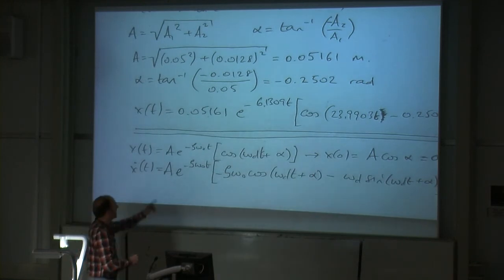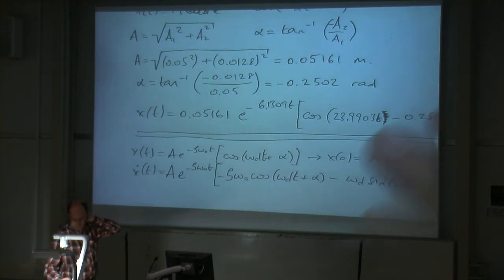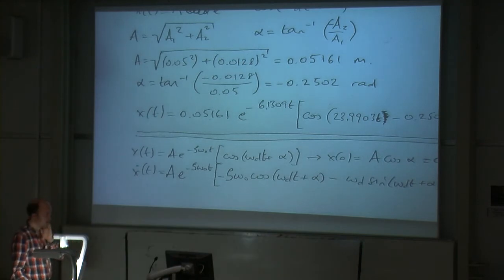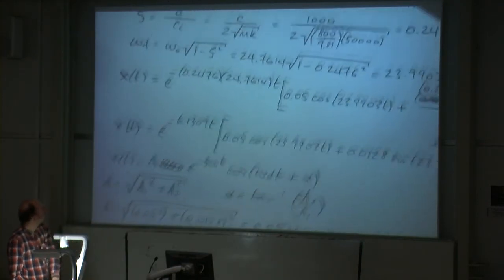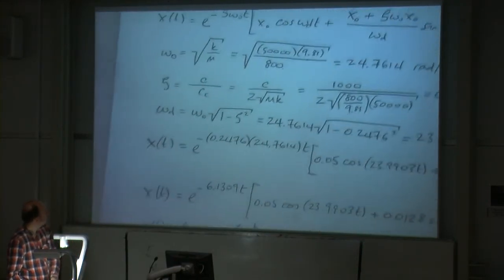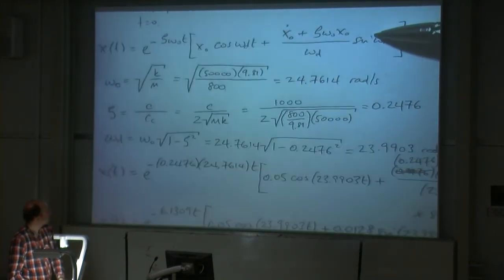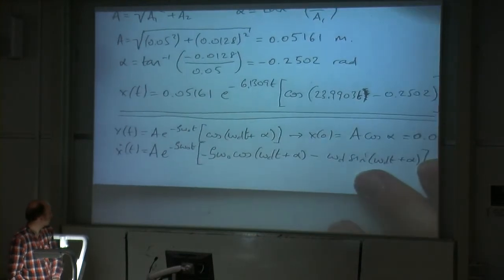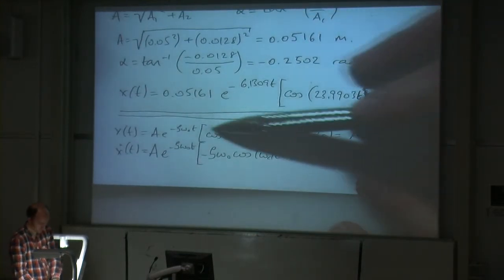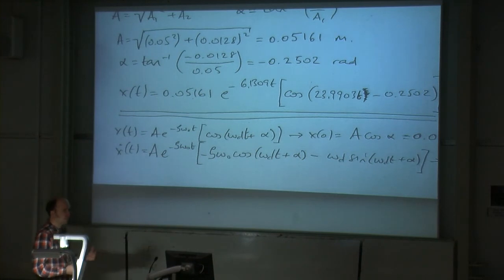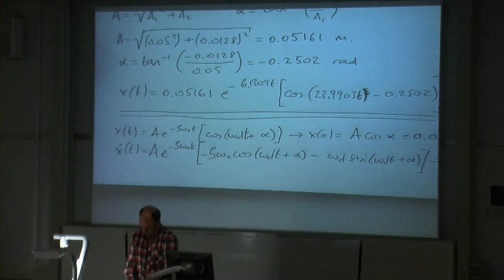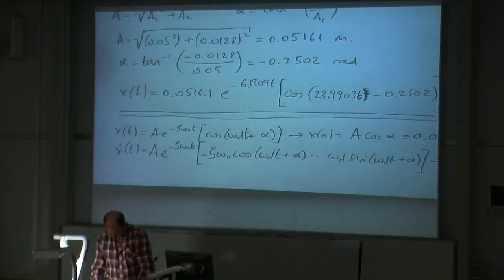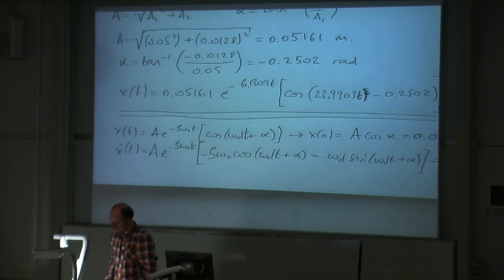So even if you didn't spot the equation that we used, this one up here, if you didn't spot this equation in the formula sheet, you can still solve it from the answer that I've given you, which is this equation here, just by applying the initial conditions. So that's question 1.